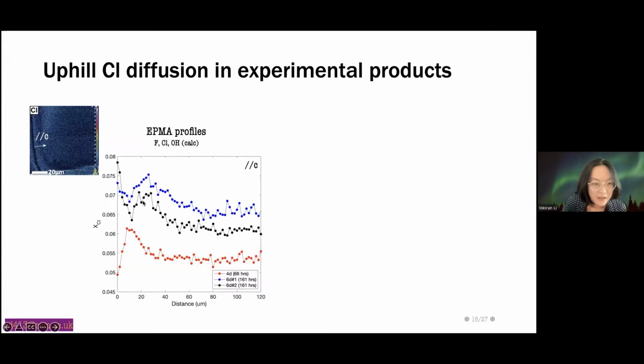You can see that they all show weird chlorine peaks about 10 to 20 or 30 micrometers away from the crystal rim. Such a chlorine peak, or so-called uphill chlorine diffusion, is usually not observed in single element diffusion profiles.